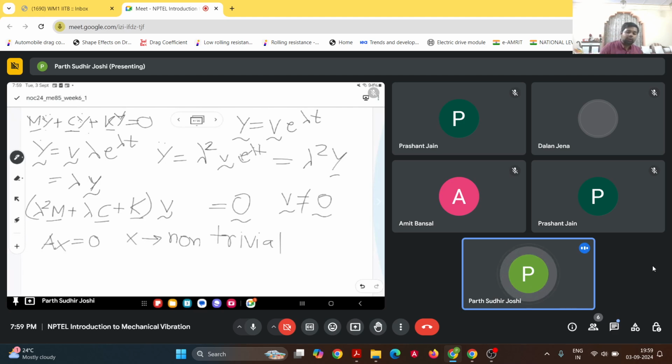So basically, for this matrix equation to have a non-trivial solution, we need the determinant of the matrix A to be 0.